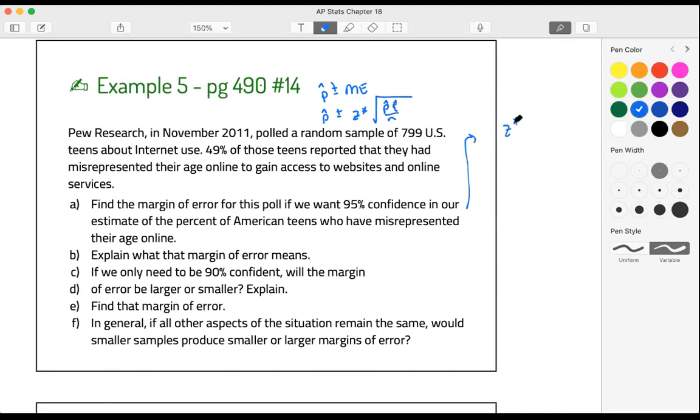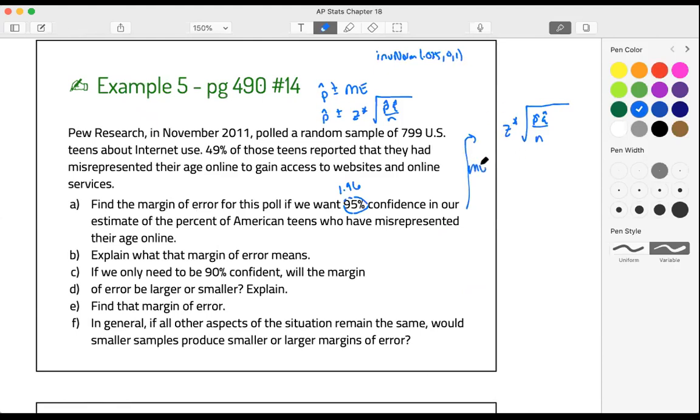So we want Z star times the square root of p hat q hat over n. For 95%, I know that's 1.96. You can check that by simply doing the inverse norm of 0.025, comma 0, comma 1, and you're going to get negative. The Z star is always going to be positive, so that's why I make it positive.